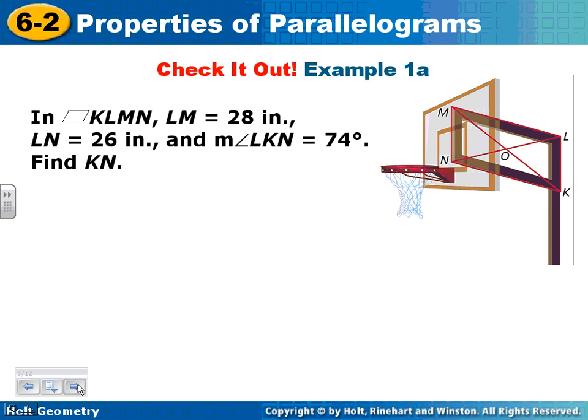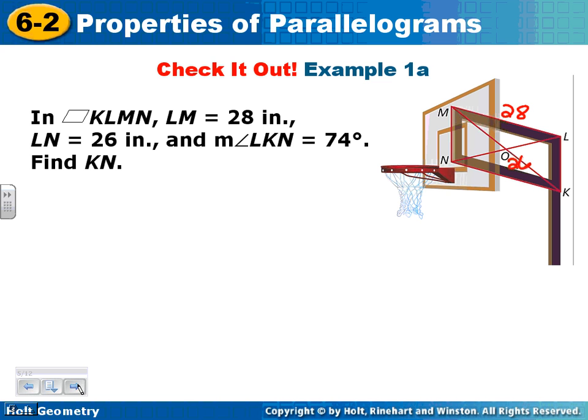Next slide. In parallelogram KLMN, LM is 28. Let's label this. L to M is 28, so that's the very top. L to N is 26, so that's that diagonal. And the measure of angle LKN, let's find that.